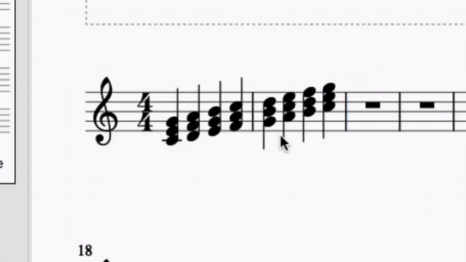And now we're going to analyze the chord qualities. That's a common term in music theory.